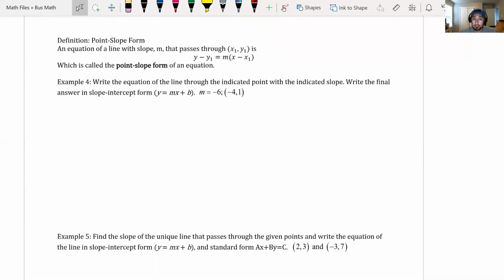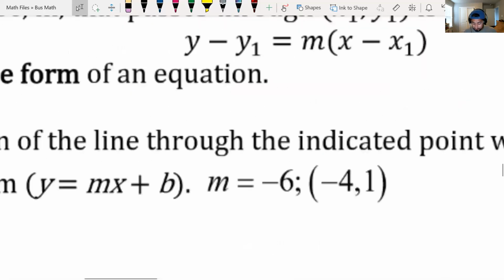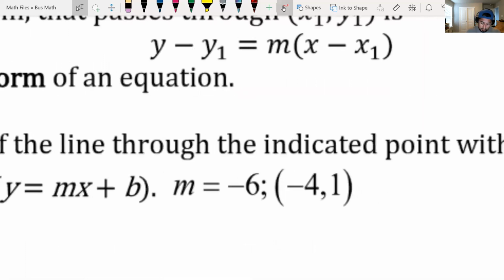Write the equation of the line through the indicated point with the indicated slope. Write the final answer in slope-intercept form. So here they're giving us that the slope is -6, and the point they're giving us is -4, 1. All right, like I do with everything, label what we're given. One thing's already labeled.